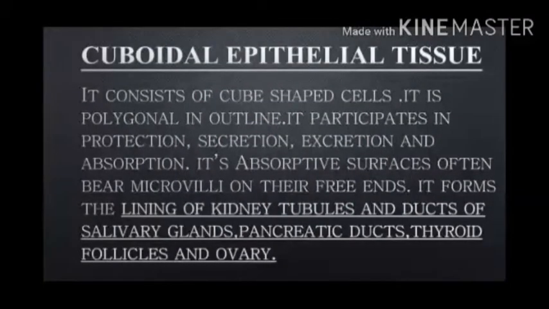Now the question we have in mind is, what is a cuboidal epithelial tissue? From its name you can easily understand that it consists of cube-shaped cells. It is polygonal in outline, which means its outline looks polygonal. Its job is protection, secretion, excretion and absorption.